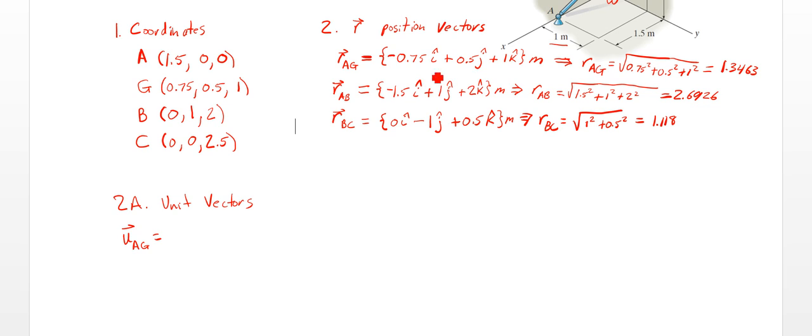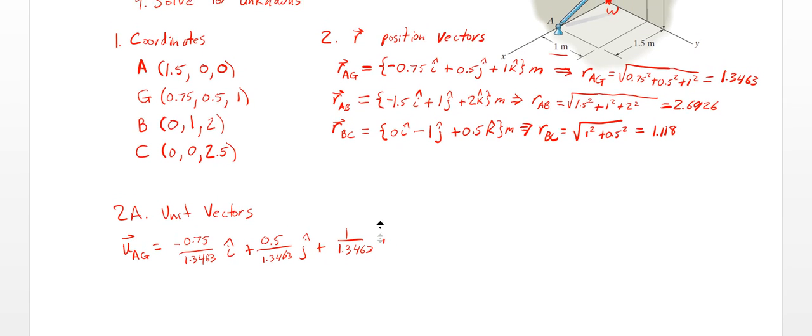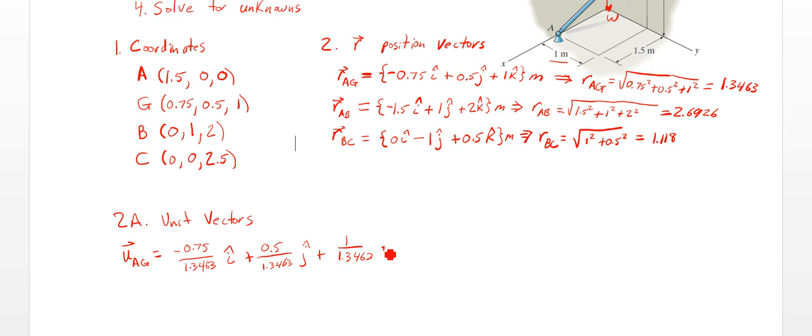So it's going to be our position vector divided by our magnitude. So we get negative 0.75 over 1.3463 I plus 0.5 over 1.3463 J plus 1 over 1.3463 K.